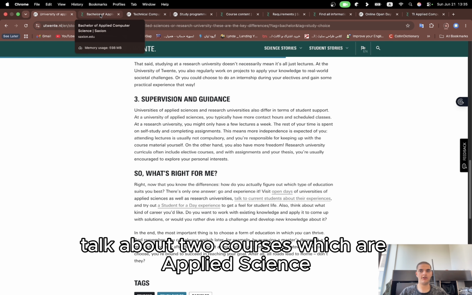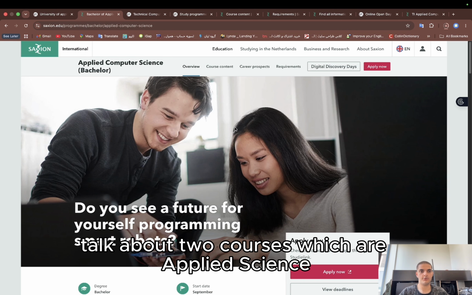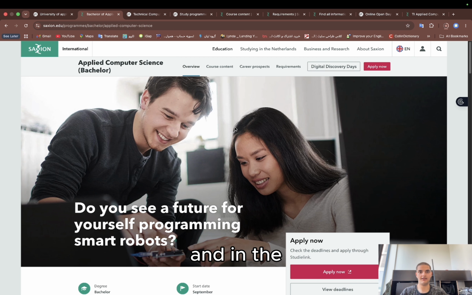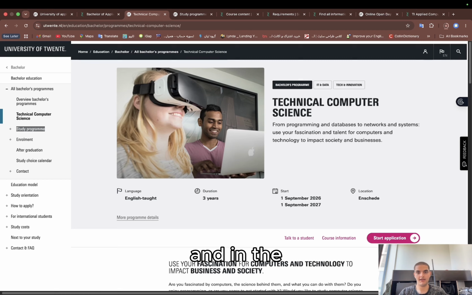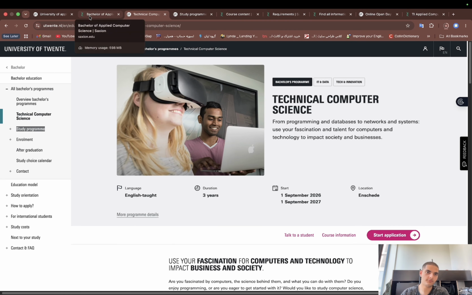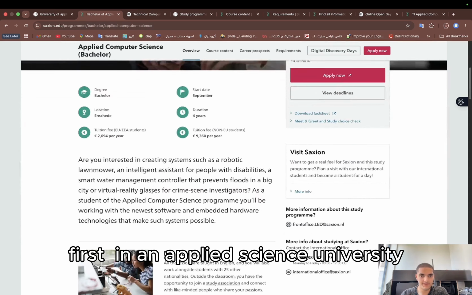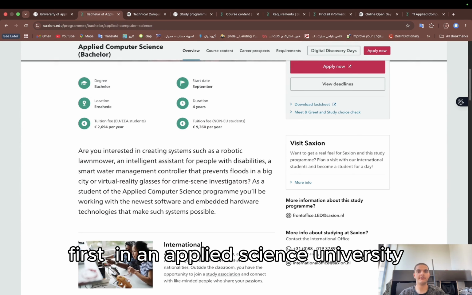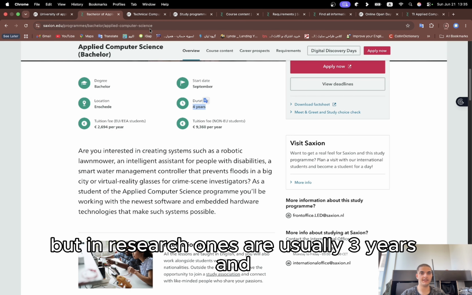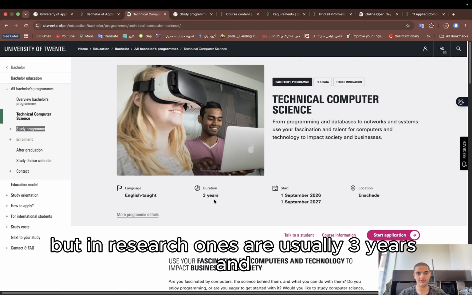Now let's talk about two courses: applied computer science in an applied science university, and the University of Twente, which is a research one. First, in an applied science university, the duration for the courses is 4 years, but in the research one it is usually 3 years.